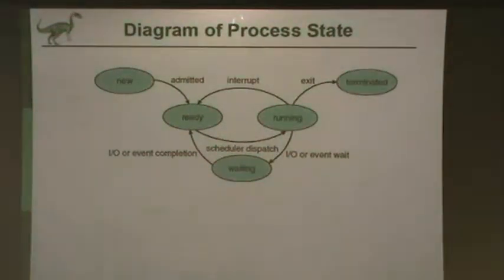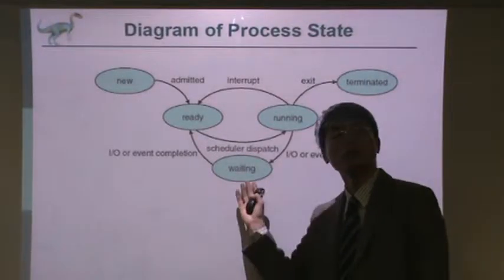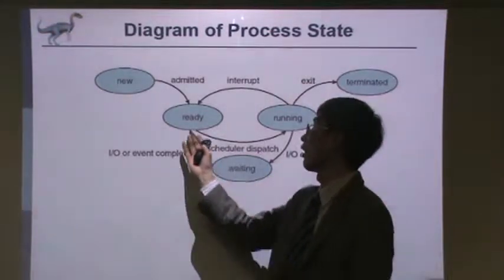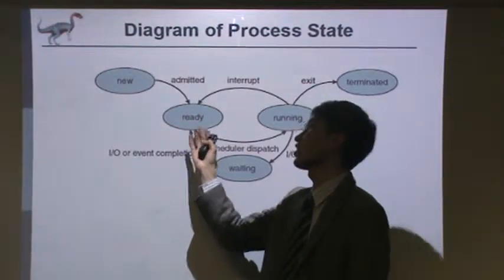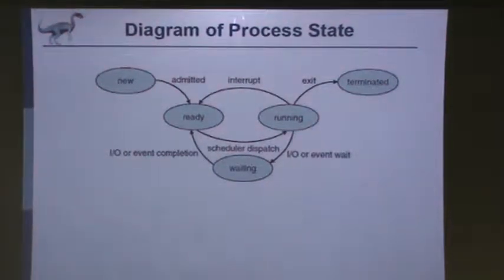So that is the running state and wait state. From the wait state, you wait for the response of the I/O devices. Once you get such a response, your process changes into the ready queue, which means it is ready to get the CPU resource. Once it is done, it will be terminated.